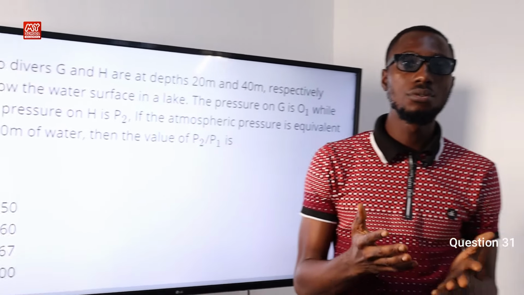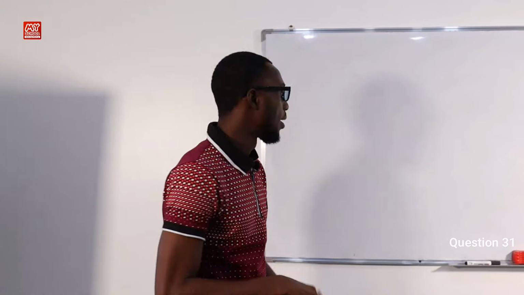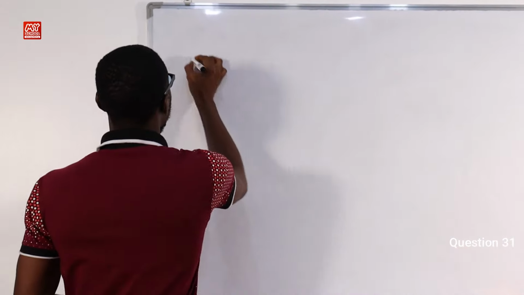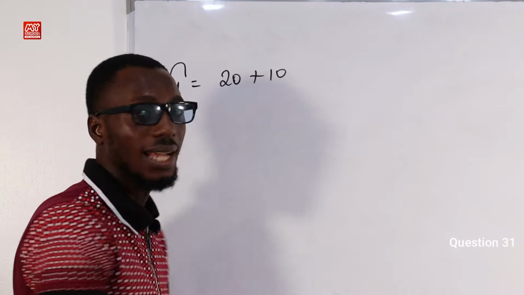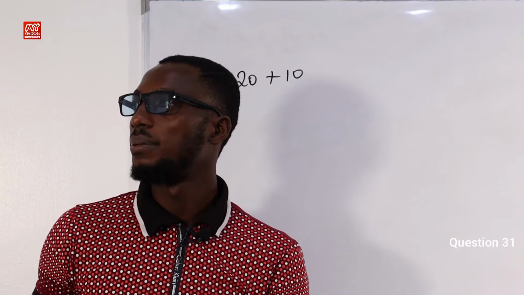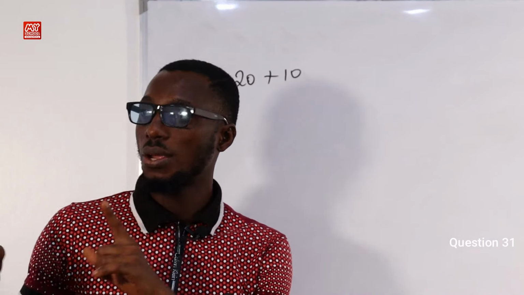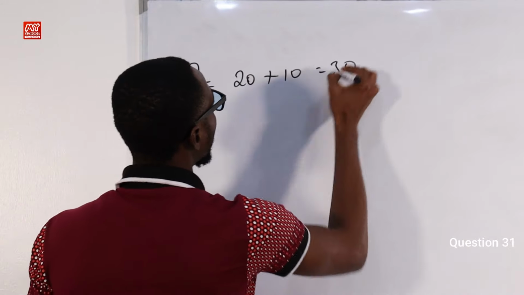You should know that pressure increases with depth. For diver G, that'll be 20 plus 10, remember that atmospheric pressure is equivalent to 10 meters of water. So that's going to be 30.